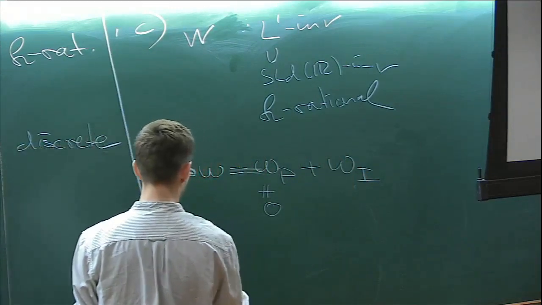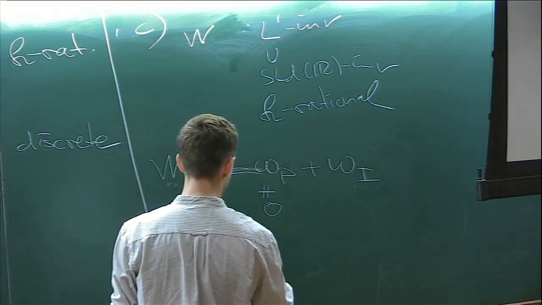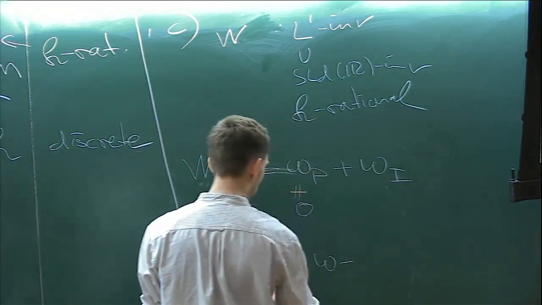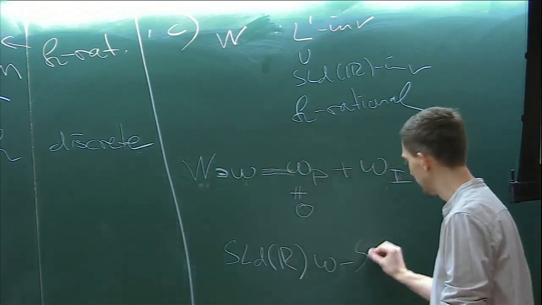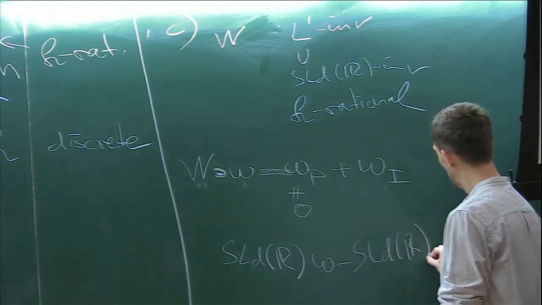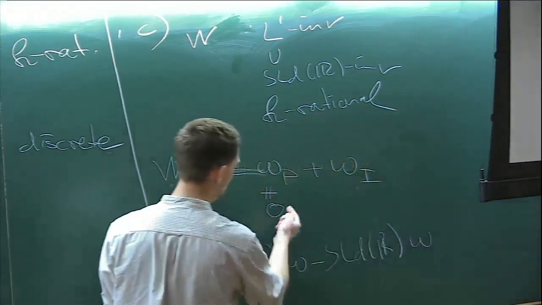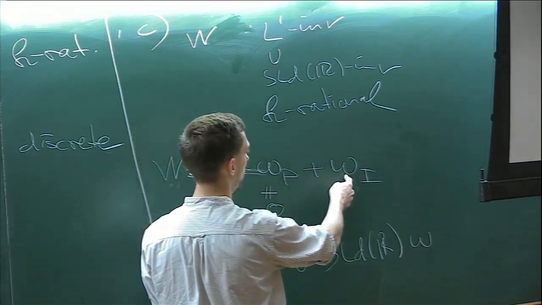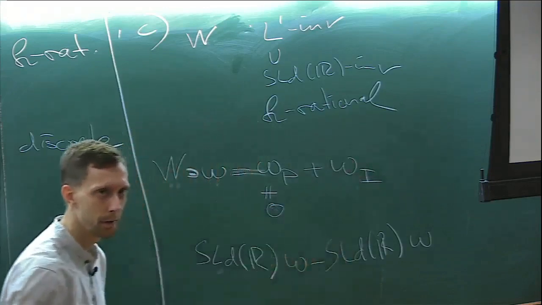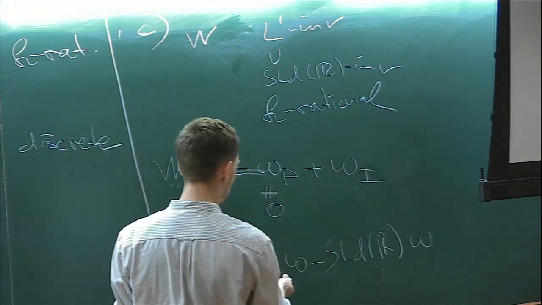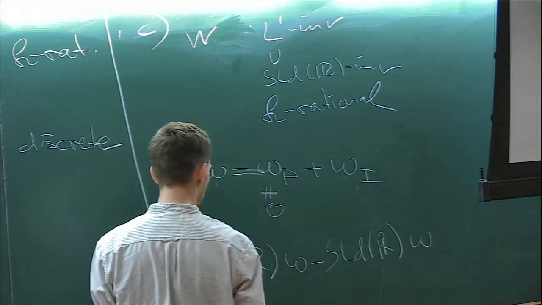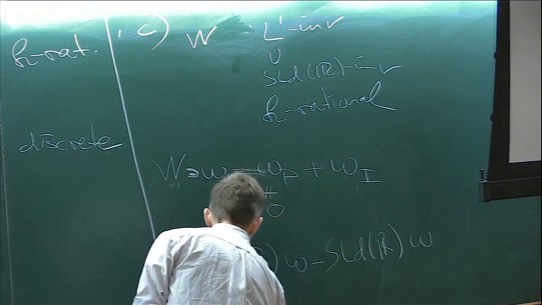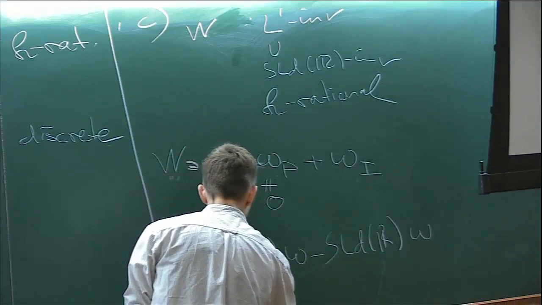Then if we take the SLD orbit of W and look at the SLDR orbit of W, we do know that SLDR acts trivially on internal space. So this part is just being killed, and what remains is the physical part.